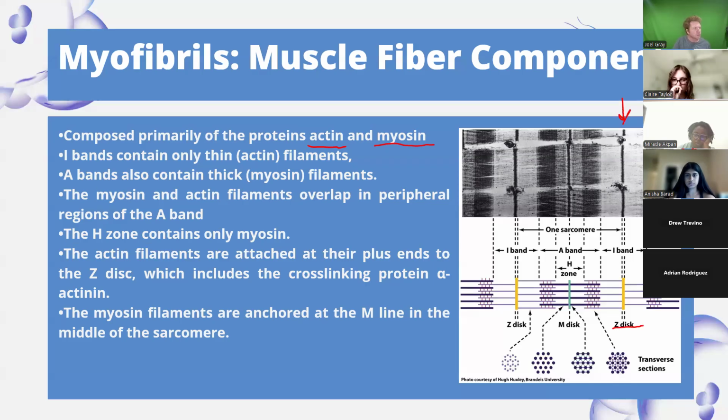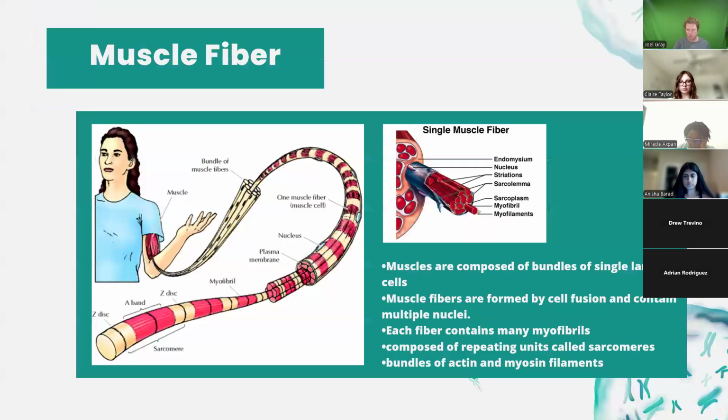This barrier right here is known as the M disc, and then over here we've got another Z disc. What these are looking at is the individual myofibrils, or the individual sarcomeres. So here is a sarcomere, and think about that as the base unit that is merged together to make a muscle fiber.